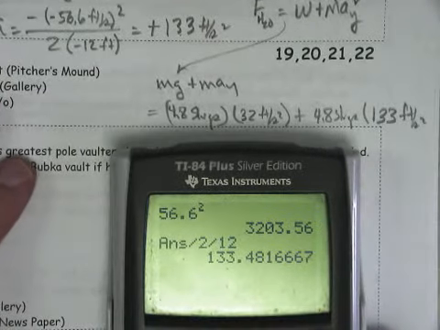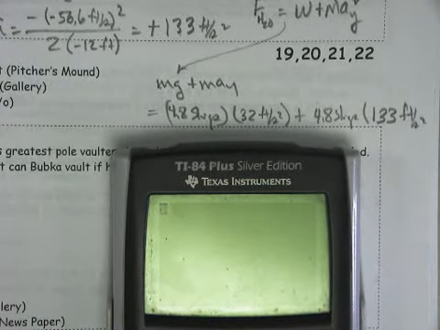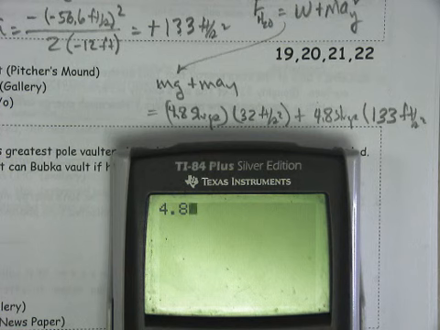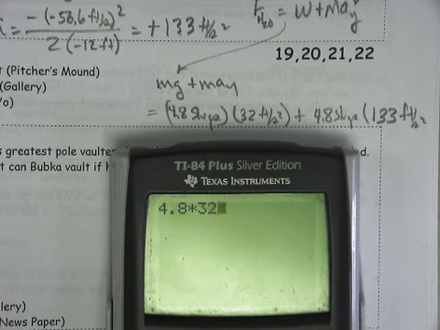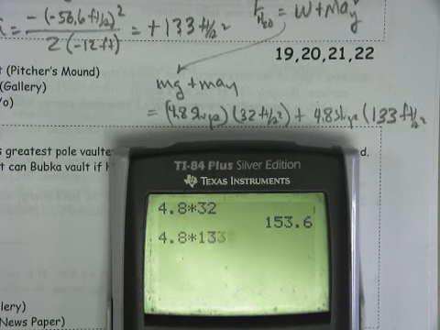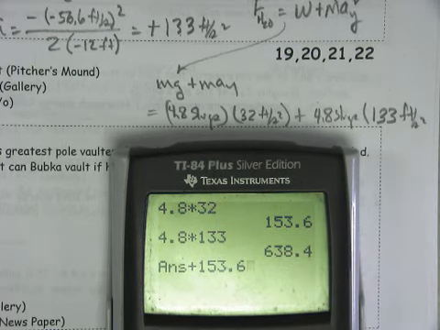And then I'll plug all that in. So here goes. I've got 4.8 slugs times 32, get that answer. And then 4.8 times 133, get that answer. So I'm going to add that previous one. If I add this to this, the 153.6, I get the final answer.